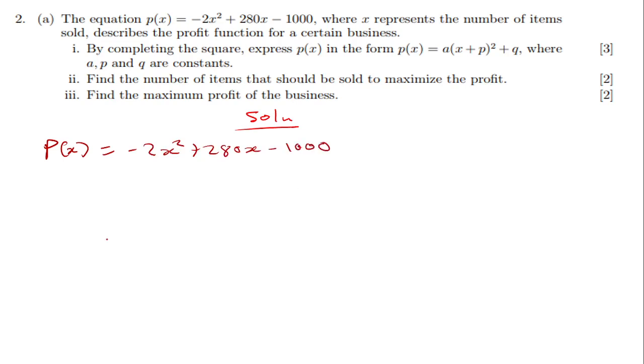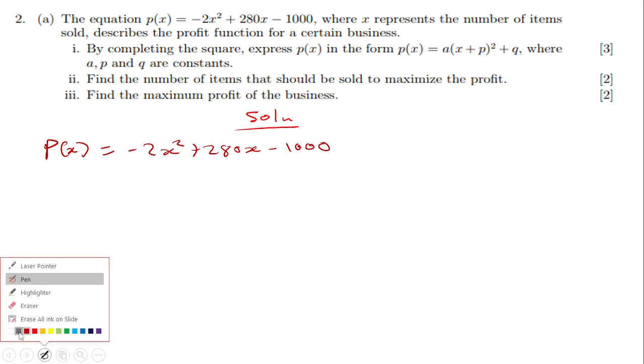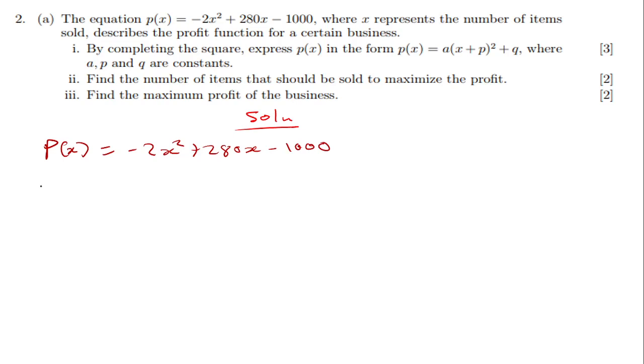The first thing you need to do is say P(x), then you factorize negative 2. I'm going to do it step by step because most of us are not familiar with the situation.